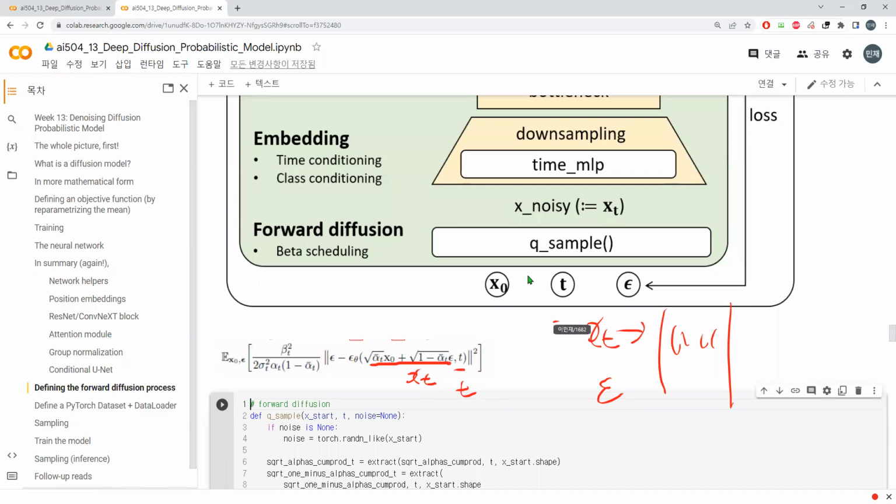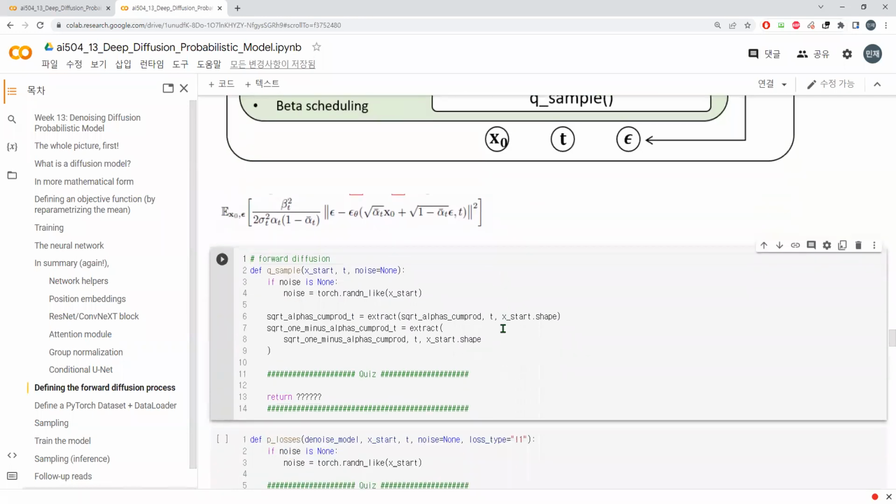And to build xt, we need x0 and t. These three elements correspond to these three, and we want to build the forward diffusion process in a quantum jump manner. So please let this q_sample function output this term.